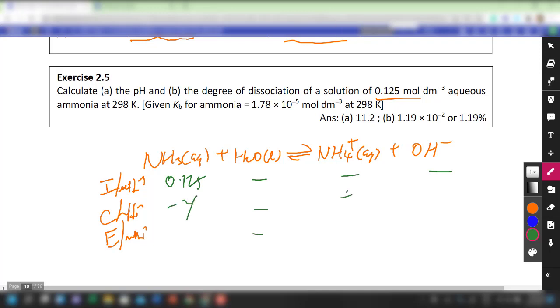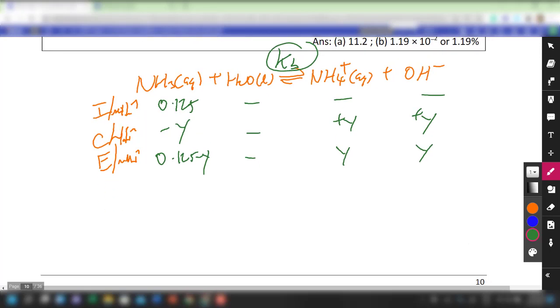So minus y, plus y, plus y. We are defining Kb over here, so it's good to write this at the top of the equilibrium arrow. And then the equilibrium concentration of ammonia will be 0.125 minus y, and then ammonium will be y and y. So again, over here we will define Kb to be y squared over 0.125 minus y.